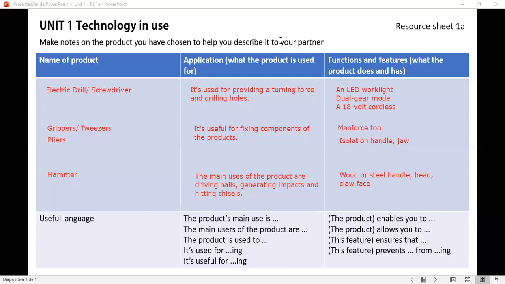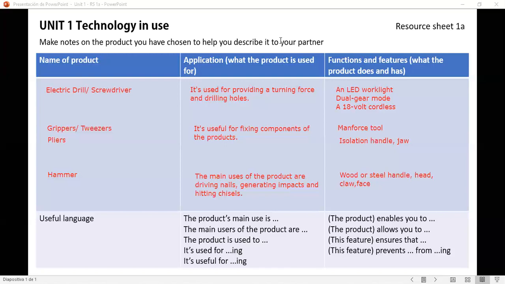Another one, we have the hammer. The hammer is another product. The hammer is important in all works, and the main uses of the product are driving nails, generating impacts and hitting chisels.